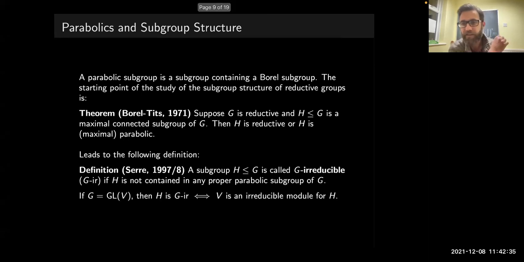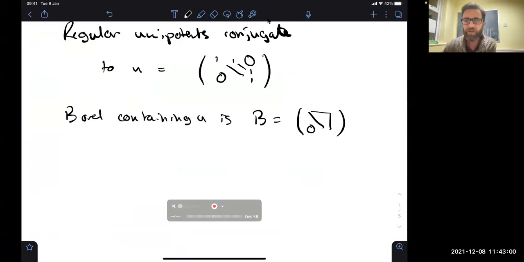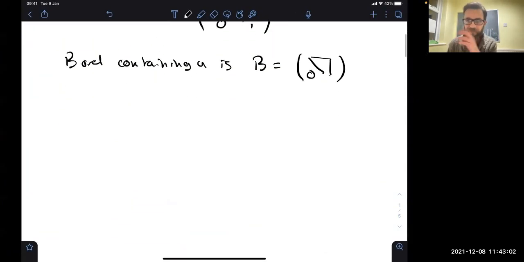So if you're staring at the general linear group as your group G, then you can recognize whether or not a subgroup is irreducible in this sense of Serre by looking at its action on the natural module. And if that is an irreducible module for H, then this subgroup is irreducible.